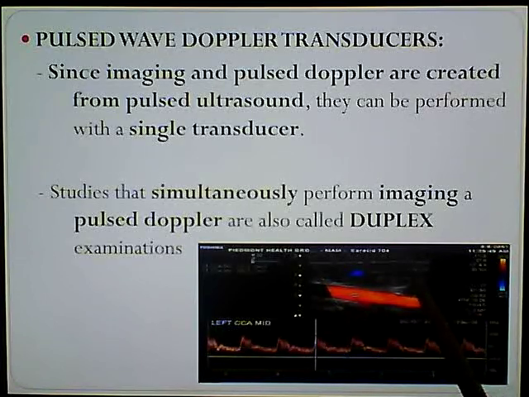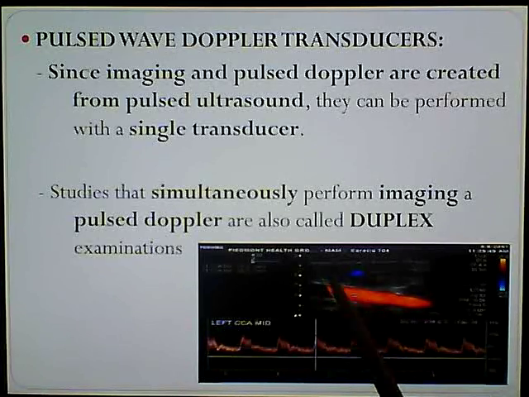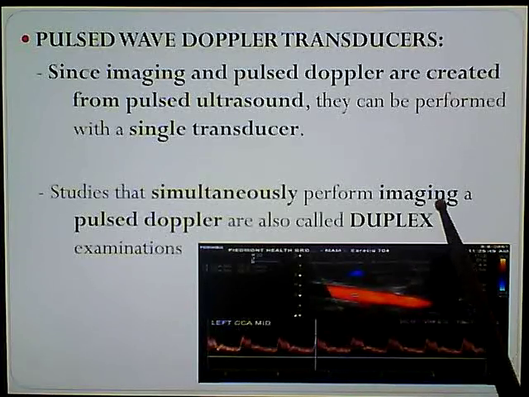Do we not have in this picture an image of what is the left common carotid artery? Do we not have a spectral Doppler down here, a waveform Doppler that's giving us velocities? That is two different types of imaging at the same time: duplex.